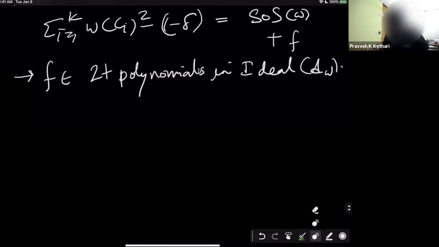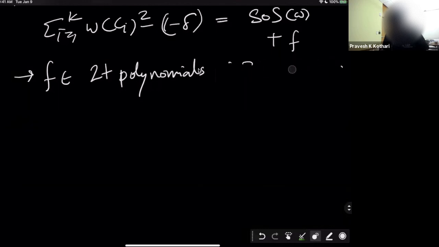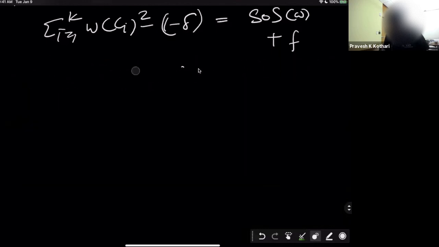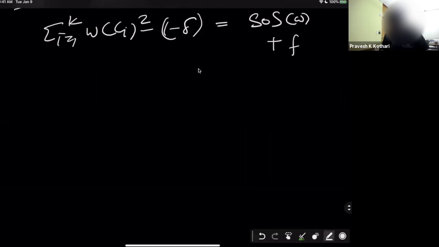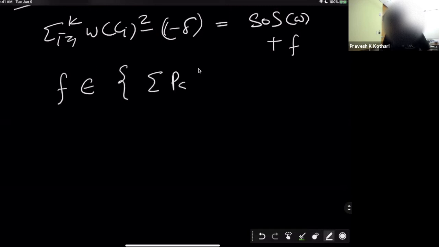So this F, first of all, I should not even say ideal because there are inequalities. But this F basically is the kind of function that we wrote down the last time. It's a multiple of polynomial inequalities that appear in our constraints, as long as they are low degree. Okay, so it's a function of the following kind.